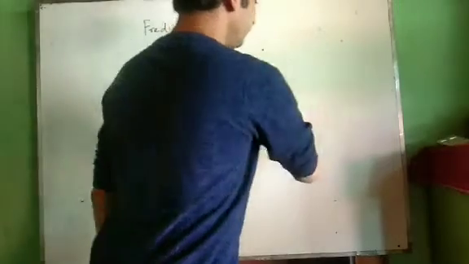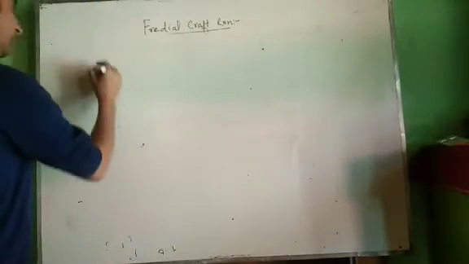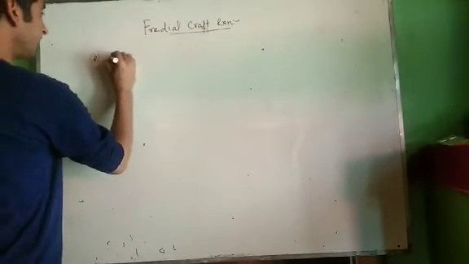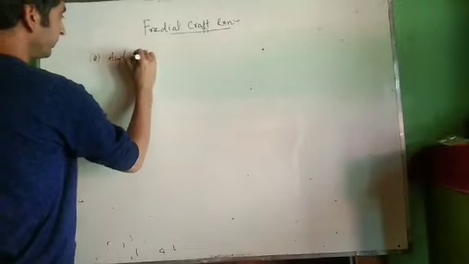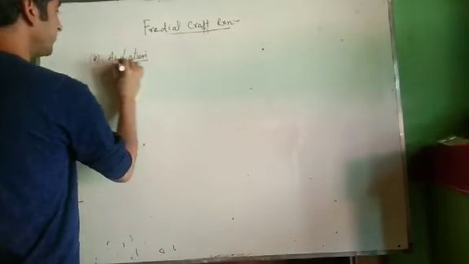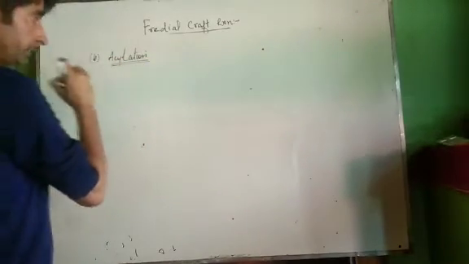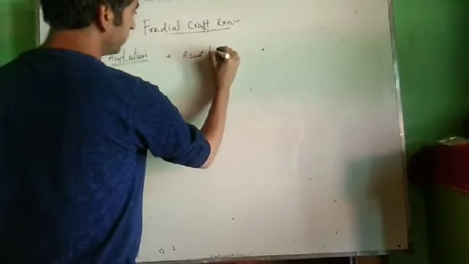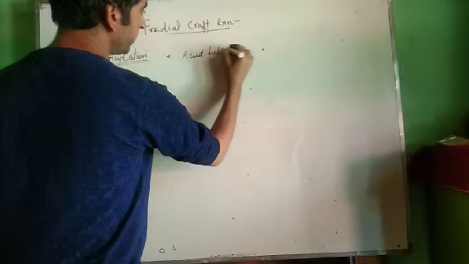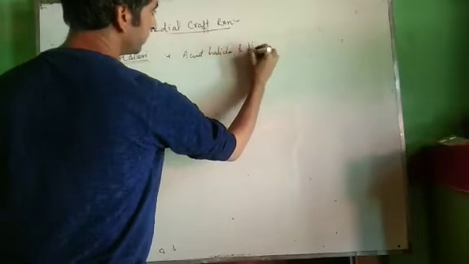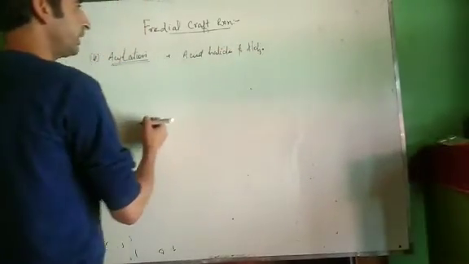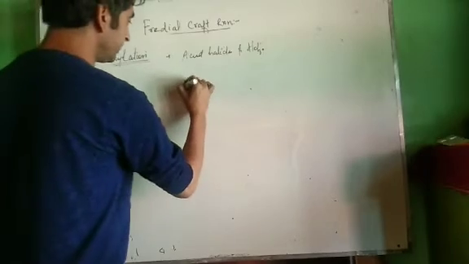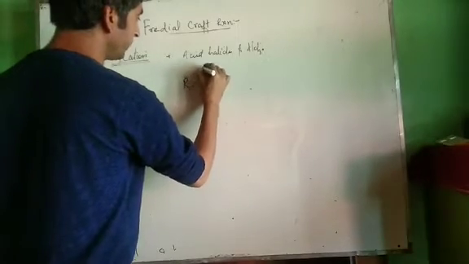Now one more type of Friedel-Crafts reaction, besides alkylation, is acylation. We are adding an acyl group. This is carried out in presence of acid halides and AlCl3. What are acid halides? These are actually carbonyl derivatives, RC double bond O Cl.